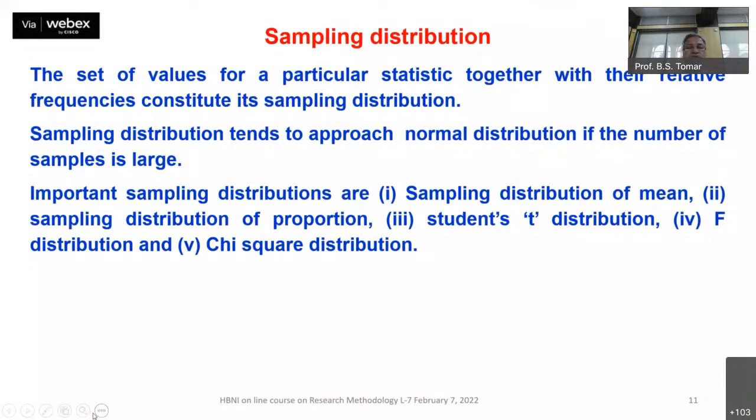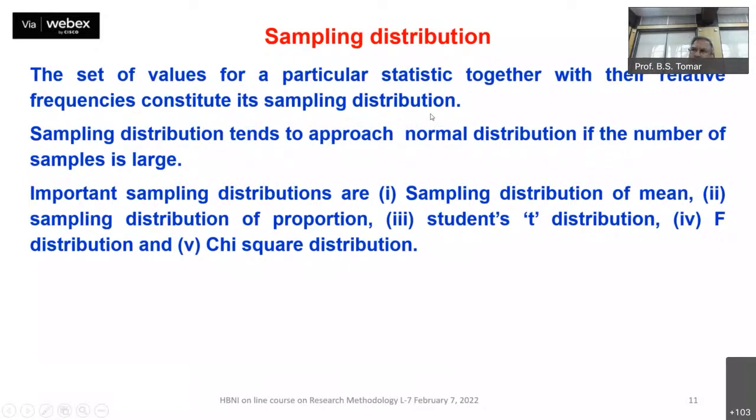Now, when we are doing sampling, we do one sample and then we have to do multiple samples. We will discuss later how many samples are required to arrive at a meaningful result. The set of values of a particular statistic, meaning the mean or standard deviation, together with their relative frequencies constitute the sampling distribution.